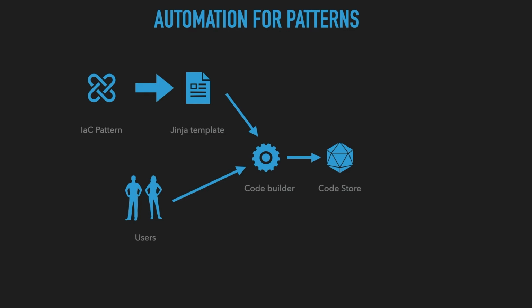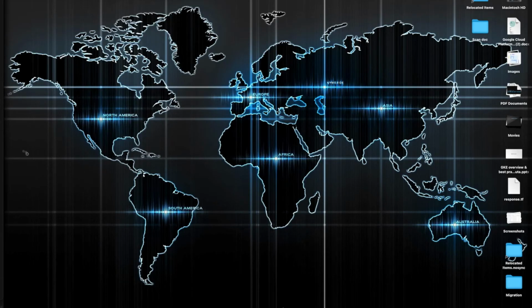Then on the right hand side, we will have a CI/CD pipeline that will take our code from the store and deliver this into the cloud, so actually create the resources. And I would like to show you a demo for that. Let's do our demo.